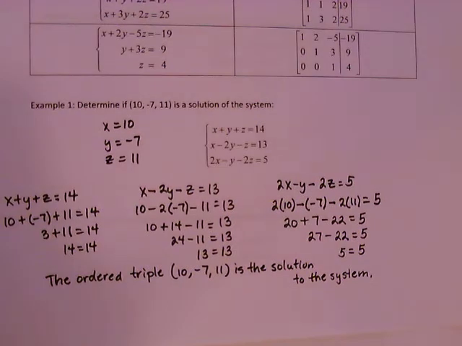So that ordered triple (10, -7, 11) does satisfy the system of linear equations as you see here.